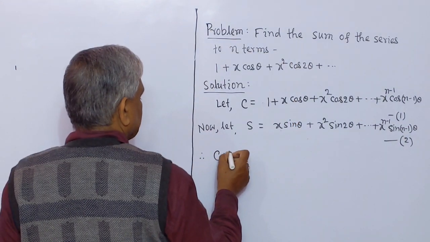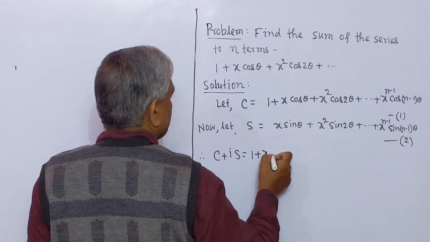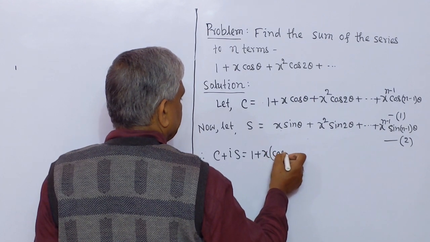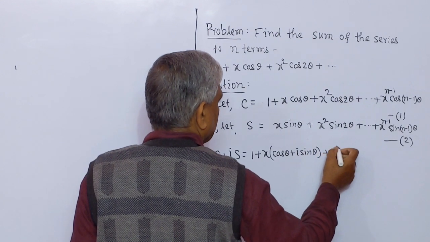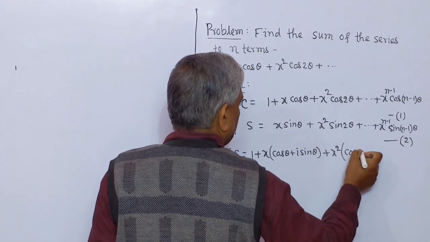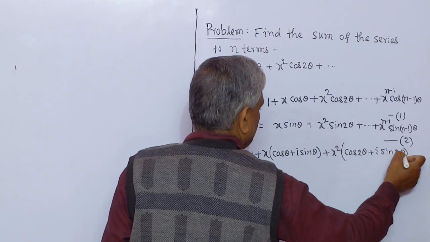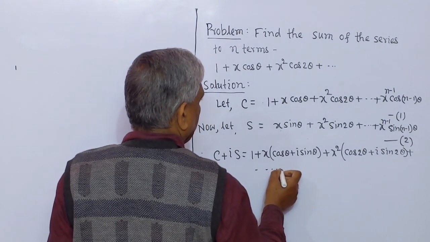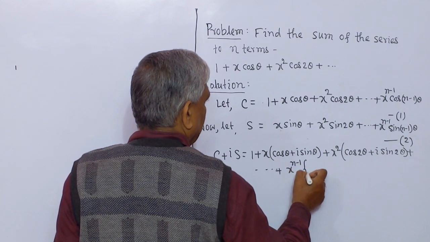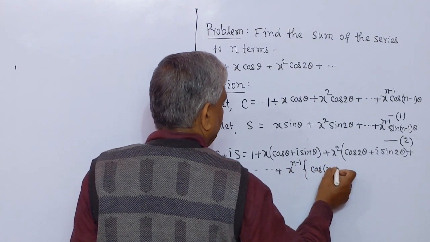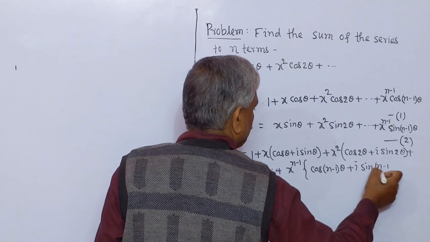Therefore C plus iS equals 1 plus x, common, cos theta plus i sin theta, plus x square cos 2 theta plus i sin 2 theta, plus ... plus x to the power n minus 1 cos n minus 1 theta plus i sin n minus 1 theta.